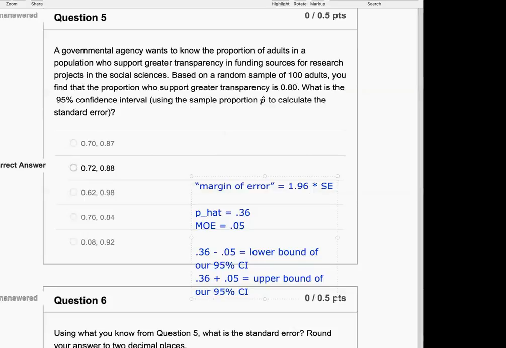You might see some homework assignments that actually give you the margin of error and ask you to estimate the 95% confidence interval. And you should know that with just the margin of error and the p hat, you will be able to estimate the 95% confidence interval. Okay, that's all I really want to say about margin of error as it pertains to 95% confidence intervals. Whether or not it addresses any particular questions, I think it's important for you to know for the final exam.